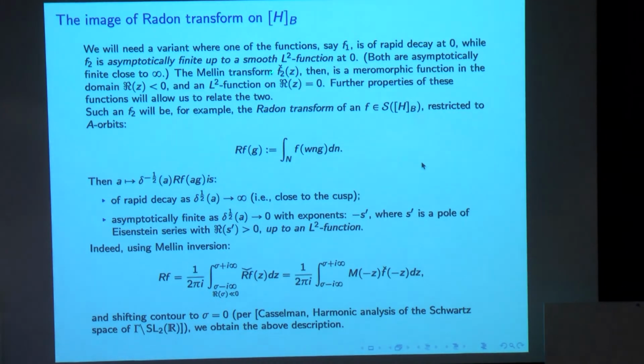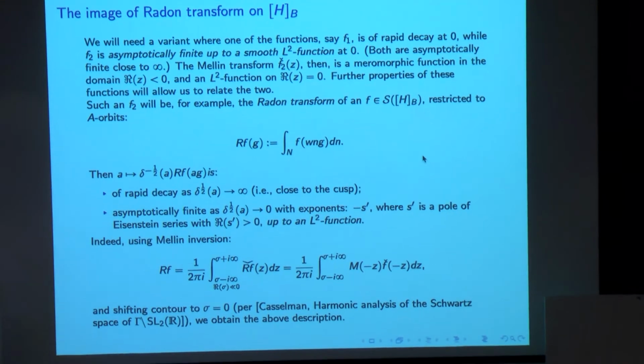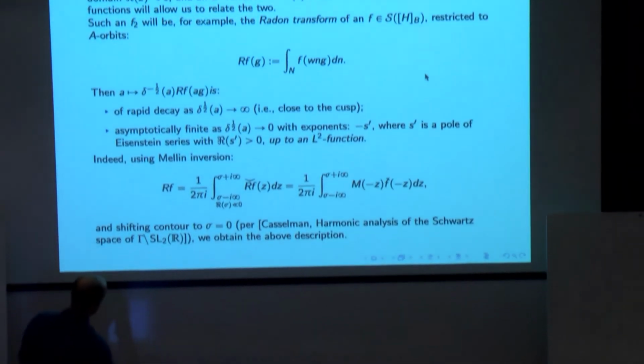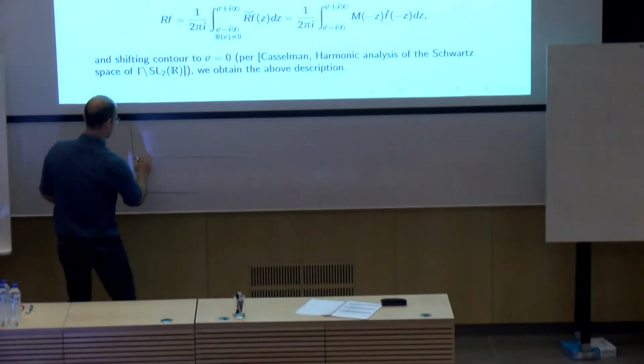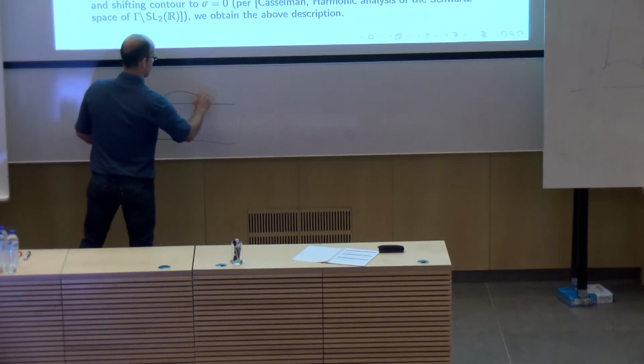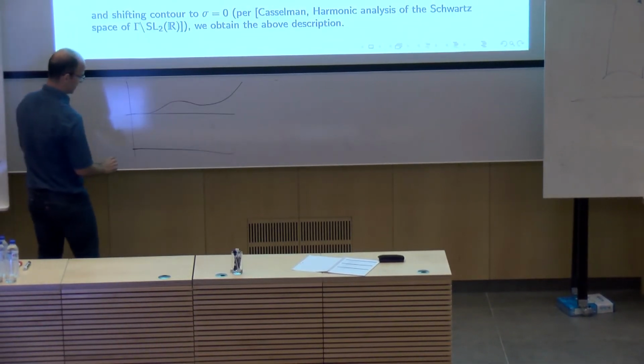Then its Mellin transform. Let me draw a picture. So it could be that one of our functions is of rapid decay at 0, and then it can have exponents.